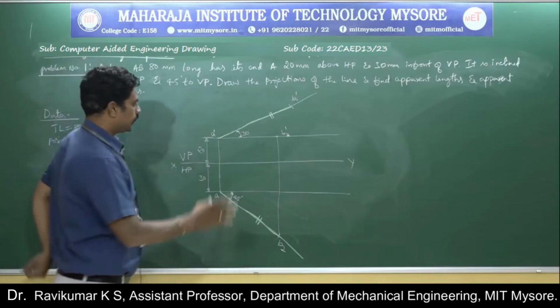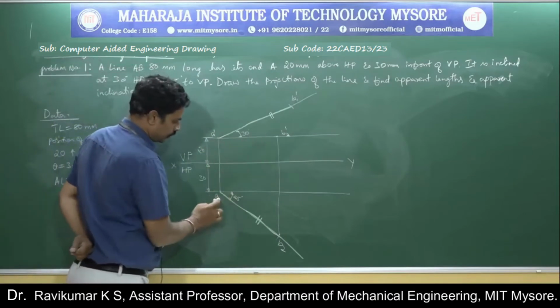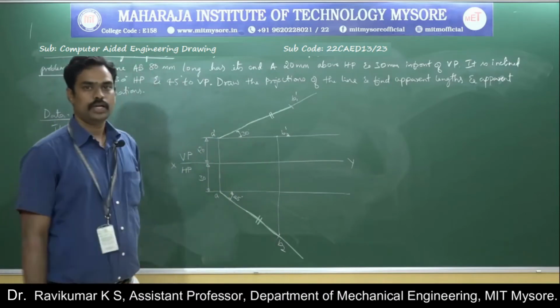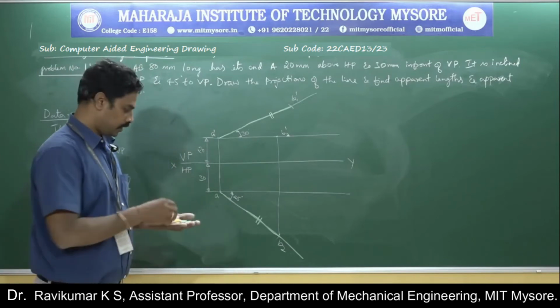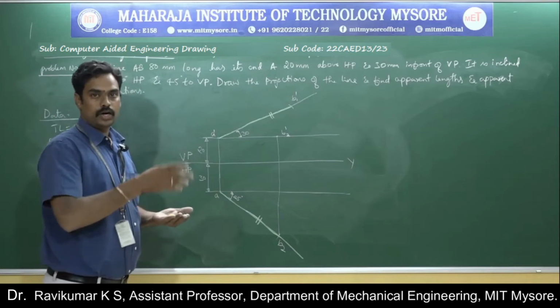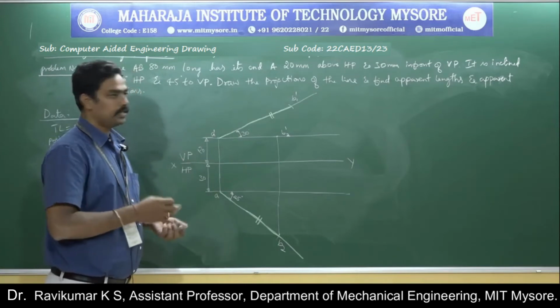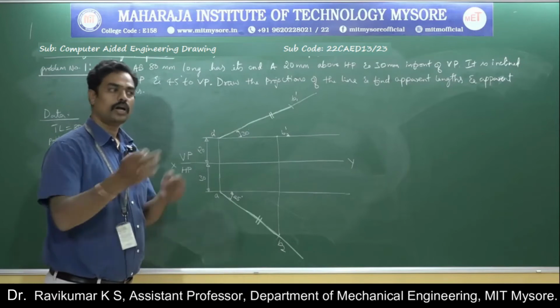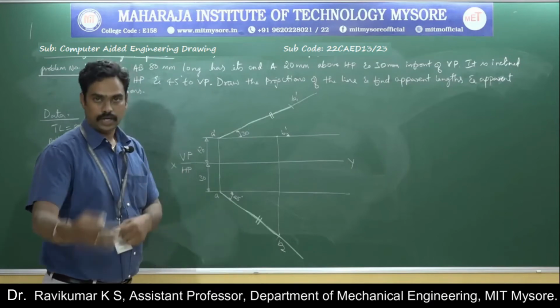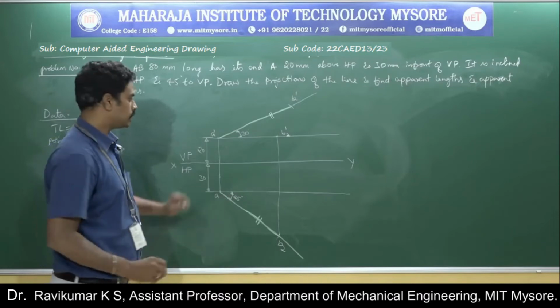You just concentrate on A dash, B2 dash, A, B2. This is one of the cases between 4 and 5. You just correlate with the last 2 cases, 4 and 5: line parallel to VP and inclined to HP, or line parallel to HP and inclined to VP. These 2 are the cases.